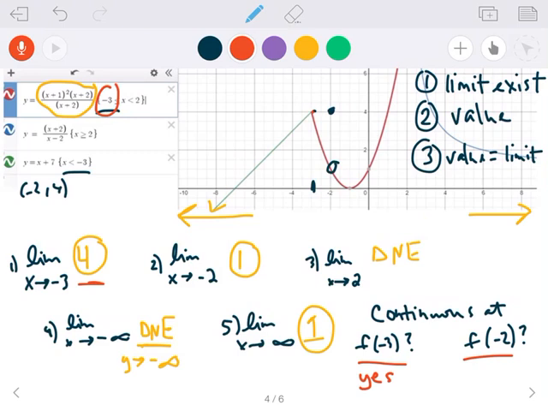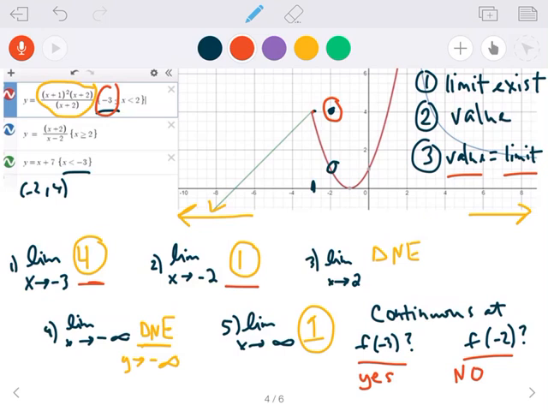So using the formal definition, does the limit exist there? Yes, it does, because we said that here, the limit is 1. Is there a y value at that x value? Yes, the y value is 4. But when we get to the third criteria, does the value equal the limit? No. So therefore, the function would not be continuous.